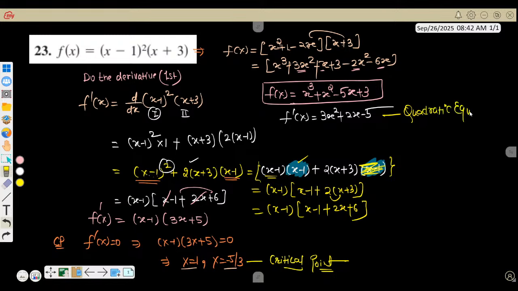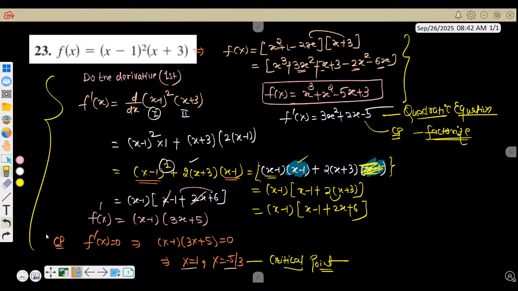And this is a quadratic equation. And now if you want to find the critical points, you have to factorize it. Now you tell me, this method is easy or this method is easy? I think the product is easy. The product is easy. That's why I told you, without expanding, apply the direct derivative.